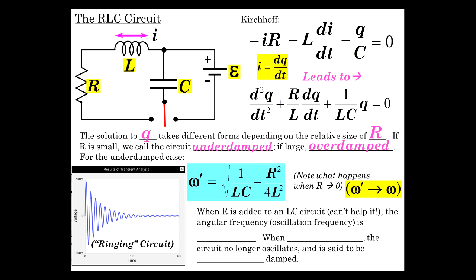But when you add R, and again, you can't help it because all conductors have some resistance, the angular frequency is reduced. And when R squared equals 4L over C, you can do the algebra, it makes this whole thing go to 0. It no longer oscillates, and then it's said to be critically damped.